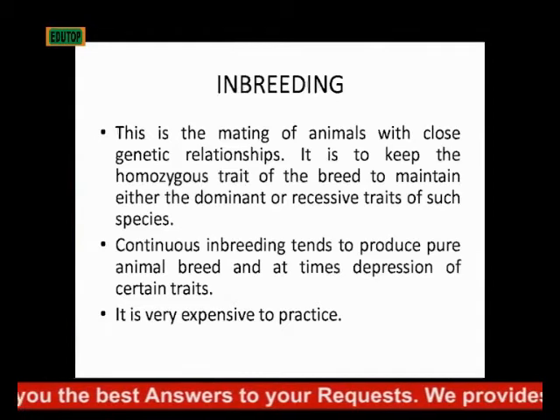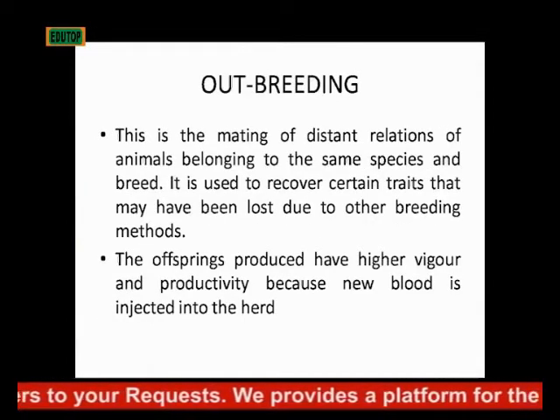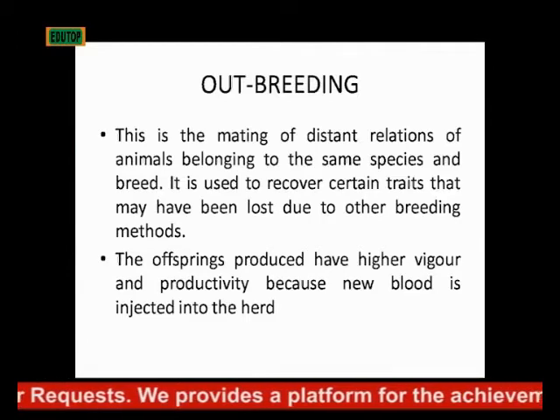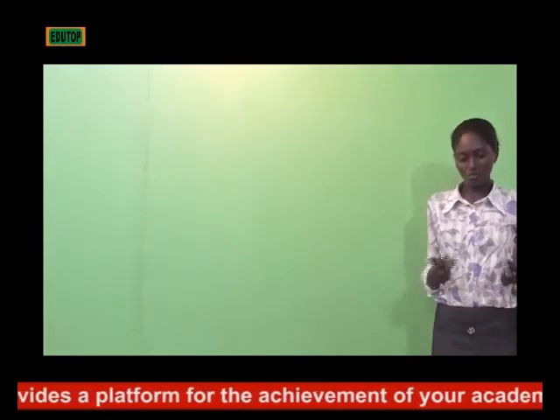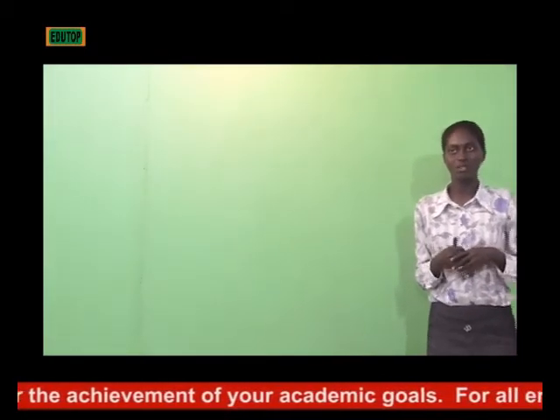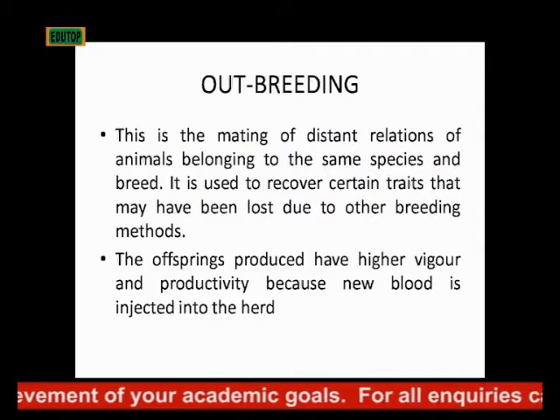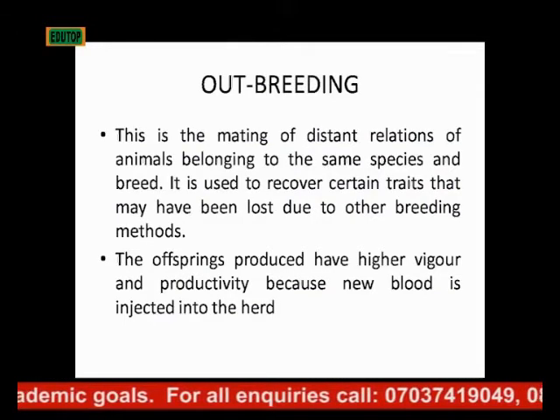Now to outbreeding. Outbreeding is the mating of distant relations of animals that belong to the same species and breed. They are of the same species, but they are distantly related. They don't have common ancestors. Outbreeding is used to recover certain traits that may have been lost due to other breeding methods.